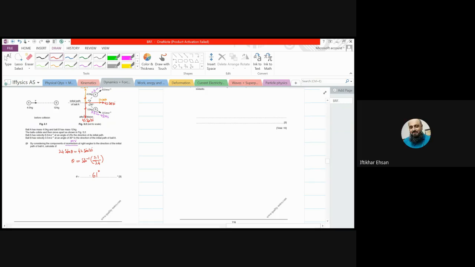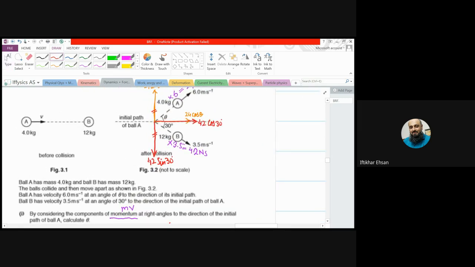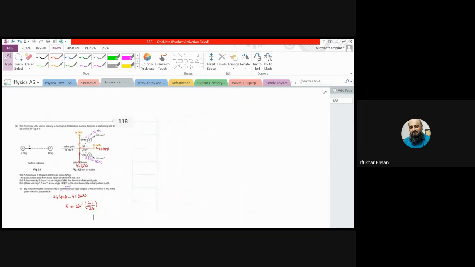Okay, now we know theta and we have to find v. How would you find v? It is horizontal, and we know the conservation of momentum applies both vertically and horizontally.